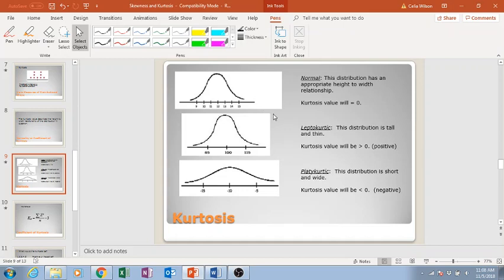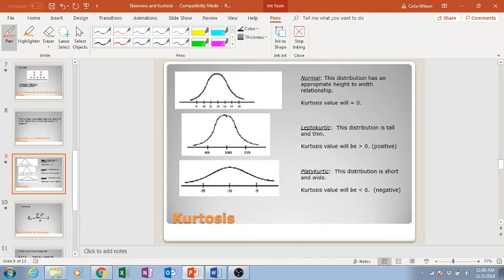But let's look at a few pictures that describe some options for our kurtosis. Just like skewness, if the kurtosis is normal, it's going to have a value of 0. You can see that this has a really nice height to width ratio. In the next example, we have a kurtosis that's positive.